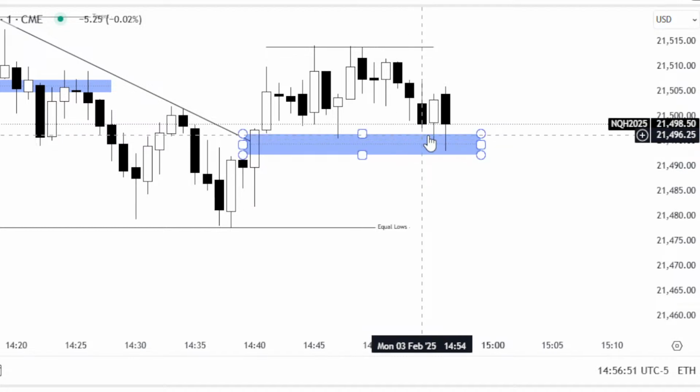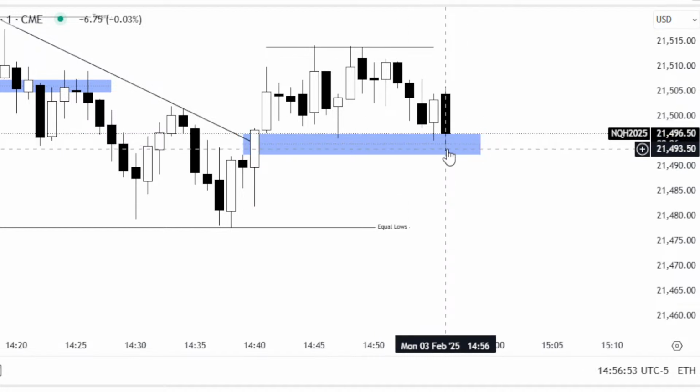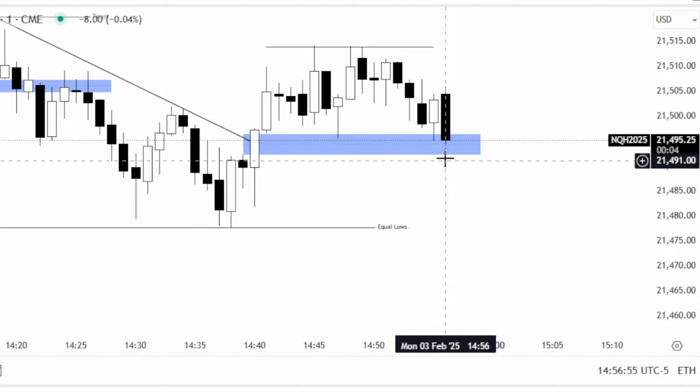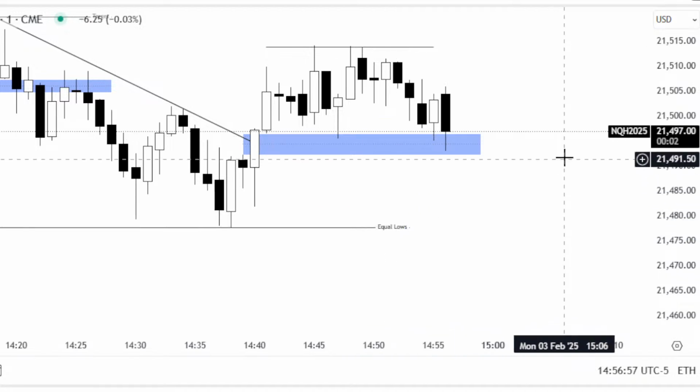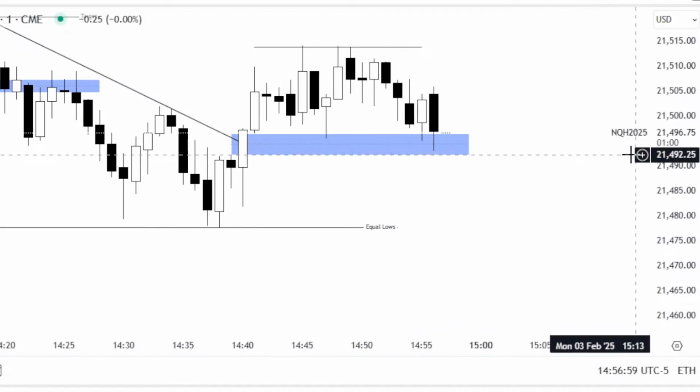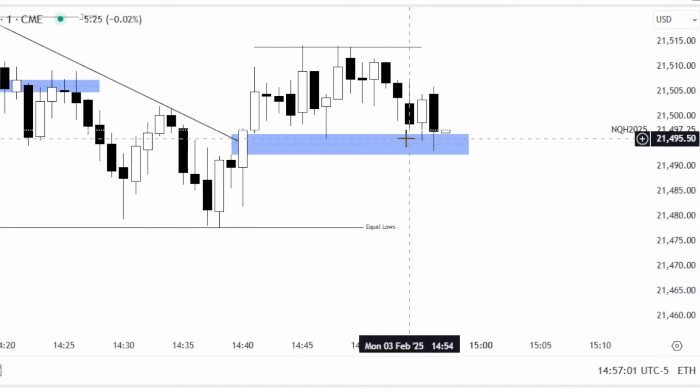If we close below this 50% of this fair value gap, I think there's a good chance that we might go lower here. Didn't close below that white candle's wick.